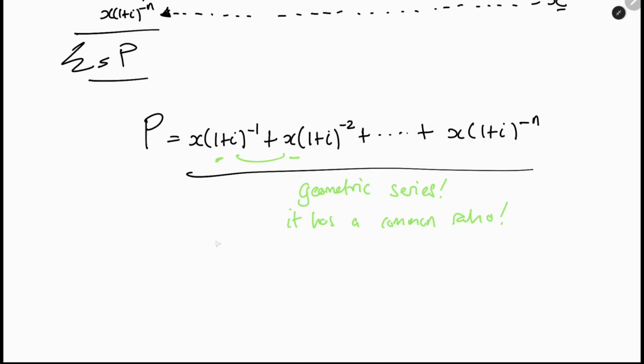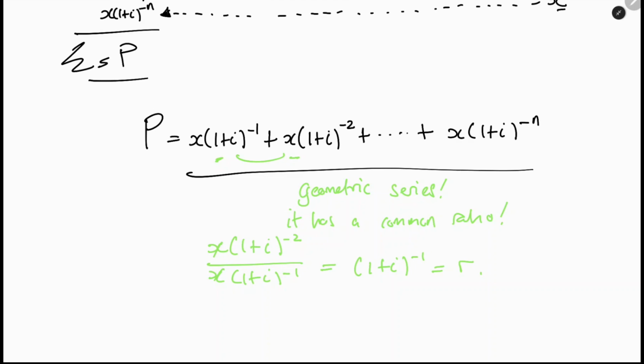Right? So x times 1 plus i to the minus 2 over x times 1 plus i to the minus 1. Okay, these x's cancel out, and I'm left with 1 plus i to the minus 1. So that is my common ratio, r.